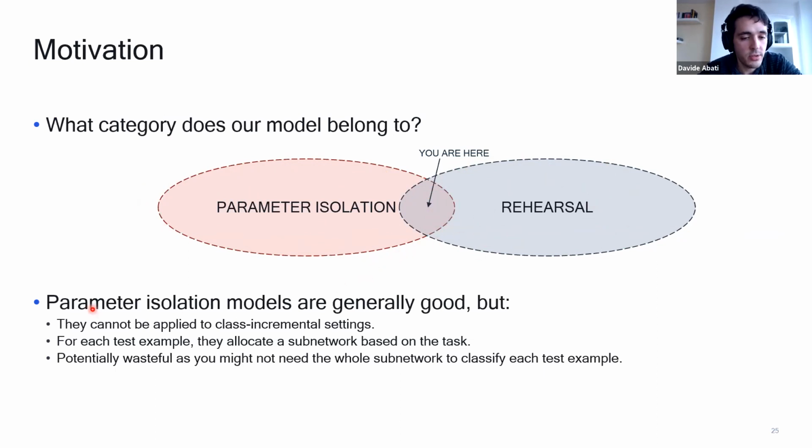And the motivation behind our work is that we like parameter isolation models. However, they cannot be applied in class incremental settings. So we were trying to build parameter isolation models able to act in a class incremental setting. This is the main motivation. I will discuss other ones.